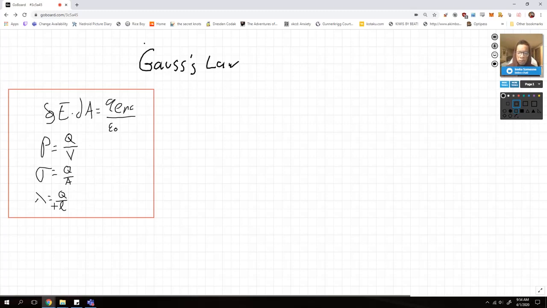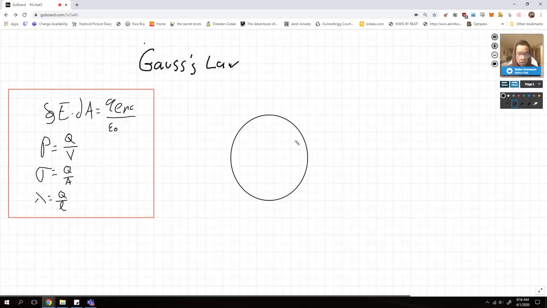These will be important moving forward when solving Gauss's law equations, because oftentimes you are given a sphere that is packed with charges. So you have charges distributed uniformly along this sphere, and the problem will just give you what's called a charge density.